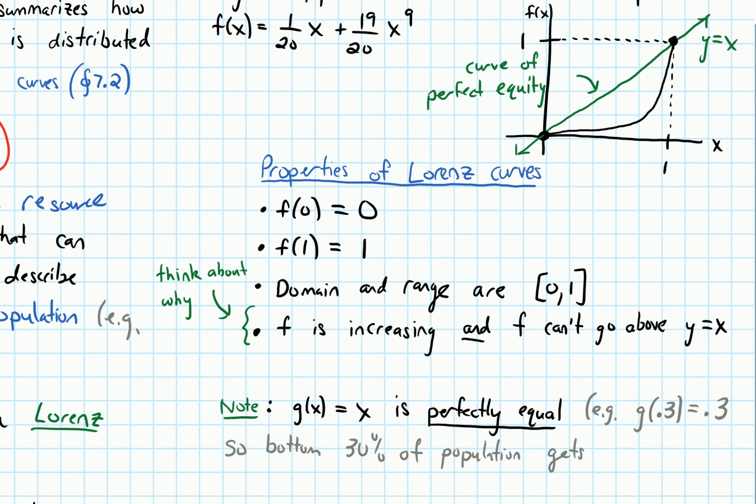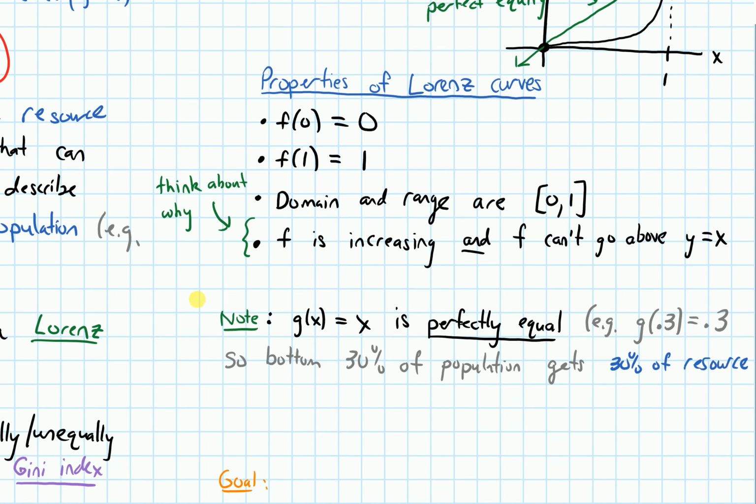So they get 30% of the resource. And that would be perfectly equitable. If it was perfectly equal, we would expect the bottom 30% of the population to get exactly 30% of the resource. And that's true no matter what number I plug in to g of x equals x. That makes it perfectly equal.